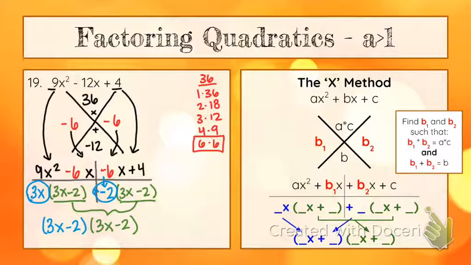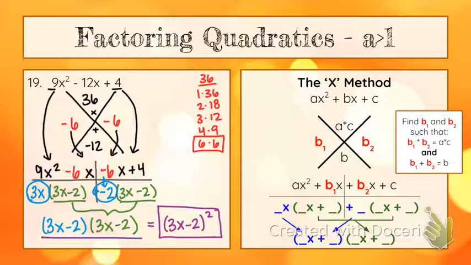These are the same. So we can rewrite our answer as 3x minus 2 all squared. And this would be the best way to write your answer. This is correct, but this is the preferred way to write that.